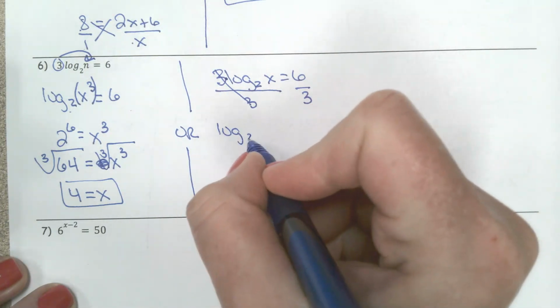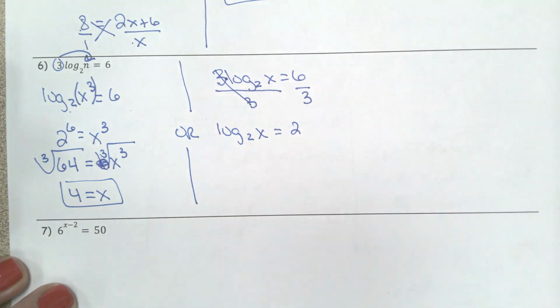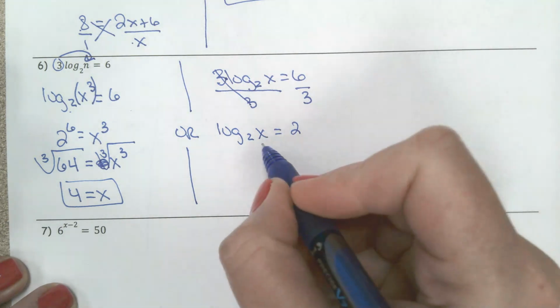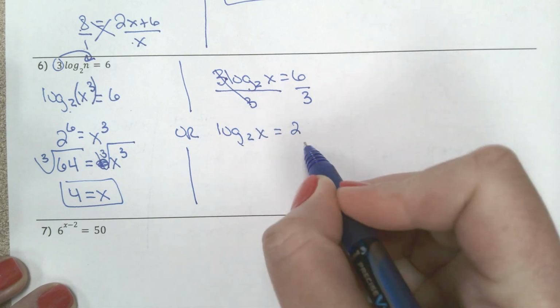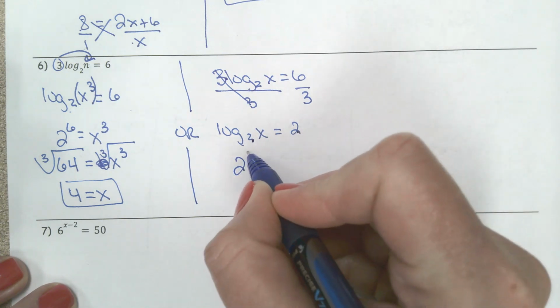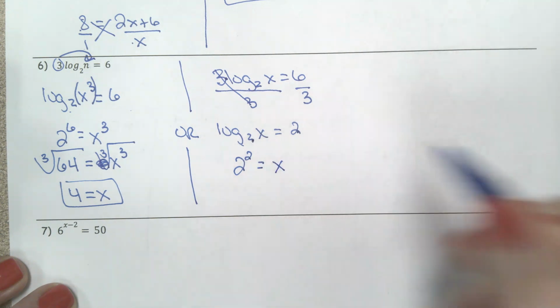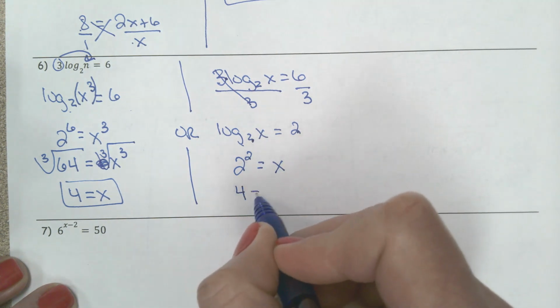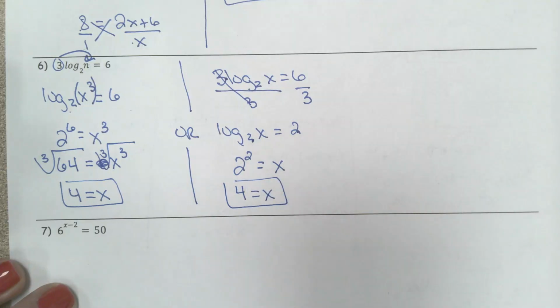And then you just have log base 2 of x equals 2. And then from there, I would change form because I have log equals number. This 2 is my base, this 2 goes to the exponent, and the x goes to the other side, and 2 squared equals 4.